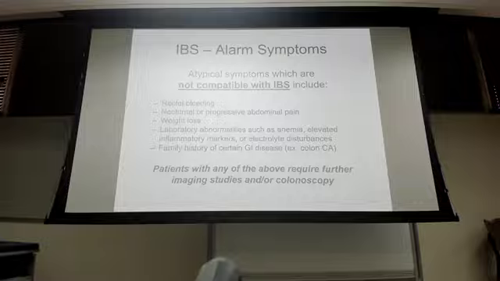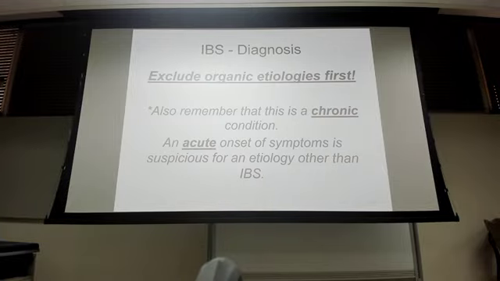If we're having the alarm symptoms, what do we need to be worried about? Rectal bleed or progressive nocturnal abdominal pain, weight loss, anemia, or a history of cancer. What do they get further work up for? Exclude organic etiologies first before we say it's IBS.